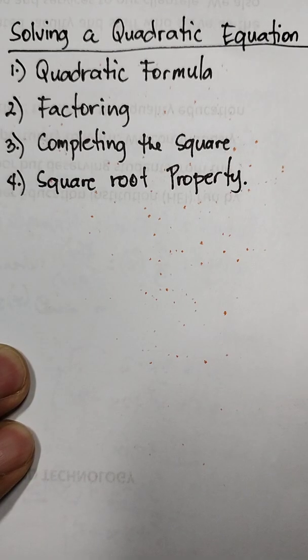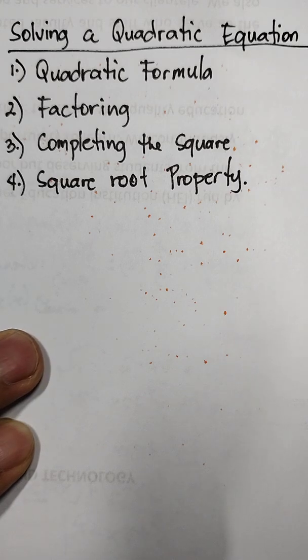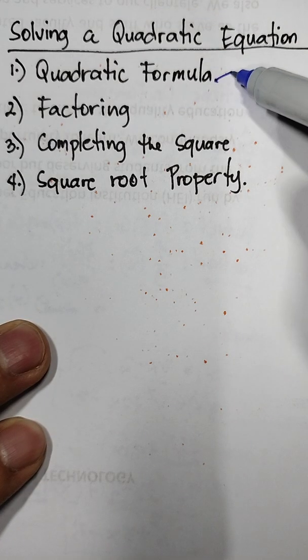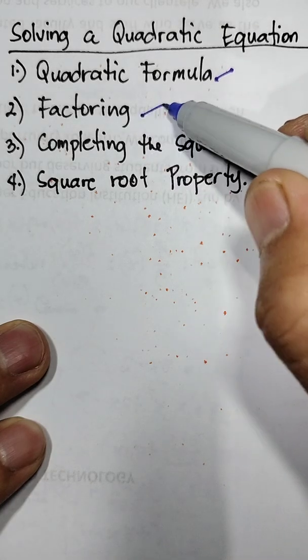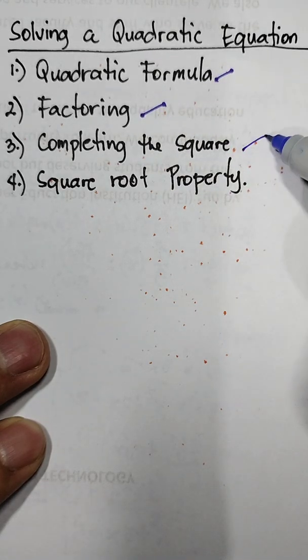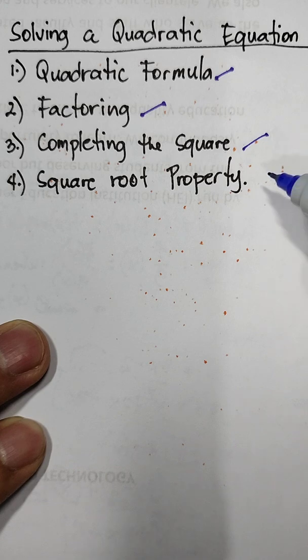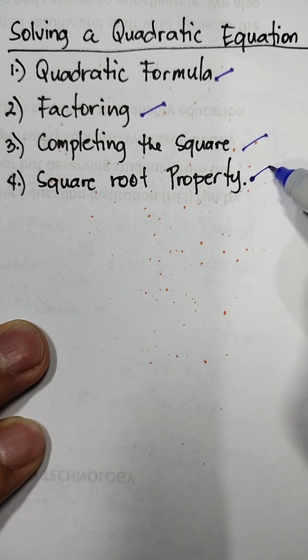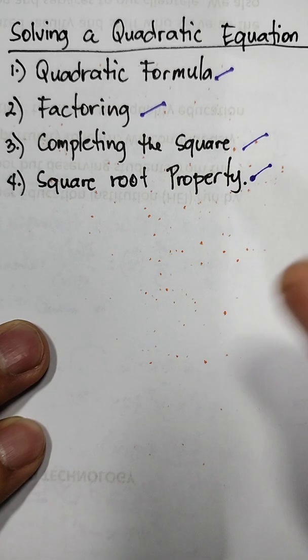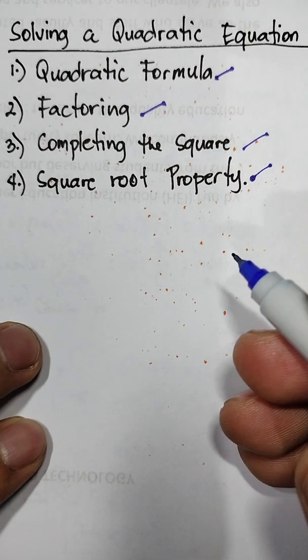So how to solve a quadratic equation? There are 4 methods in solving quadratic equations. We have the quadratic formula, factoring, completing the square, and number 4, the square root property. So what is the quadratic formula?